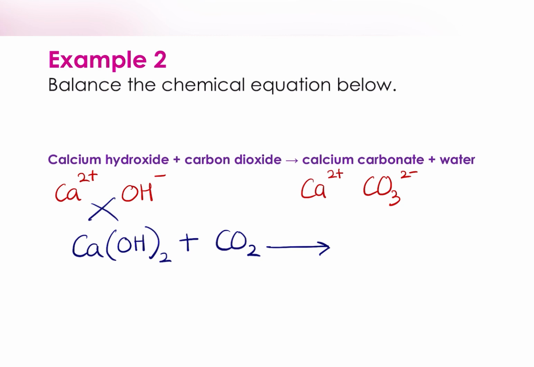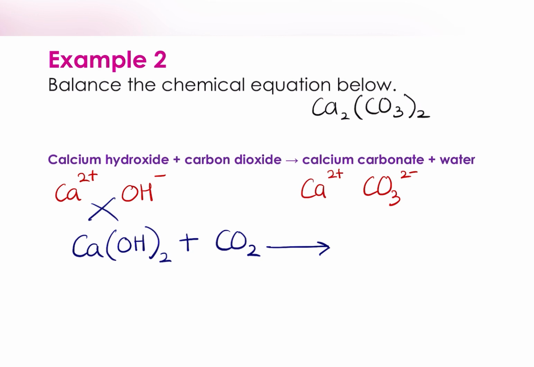Okay, for this part, I explained above how to cross-multiply. You take this value 2 and this 2, so both of them get lower subscript 2. But be careful, if there are polyatomic ions, you have to put them in brackets. So in this case, I will have my answer as Ca2(CO3)2.